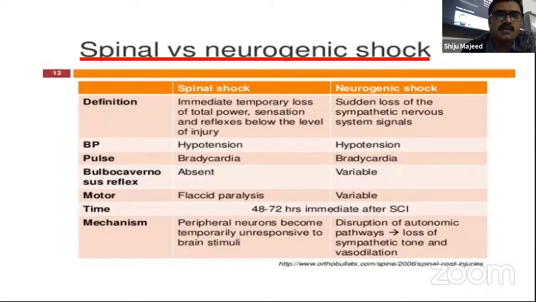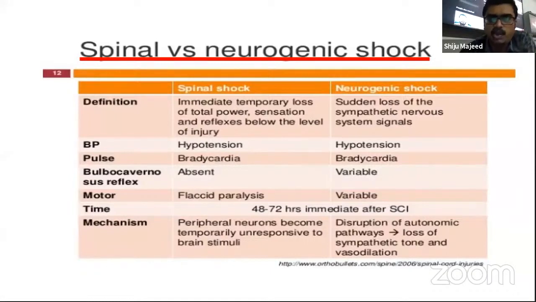Now, what is the difference between a spinal shock and a neurogenic shock? Spinal shock, as I've already told you, is an immediate temporary loss of power, sensation, and reflex below the level of injury. In a neurogenic shock, with the same spinal cord injury, the sympathetic nervous system is affected. The patient will have hypotension, and when you have hypotension, you expect the body to become tachycardic.